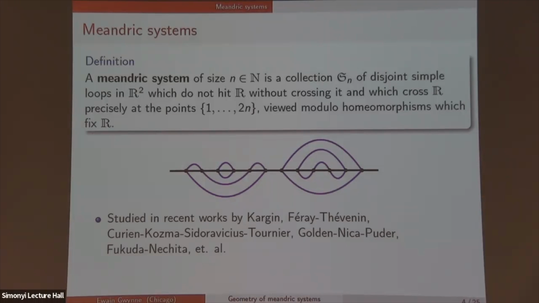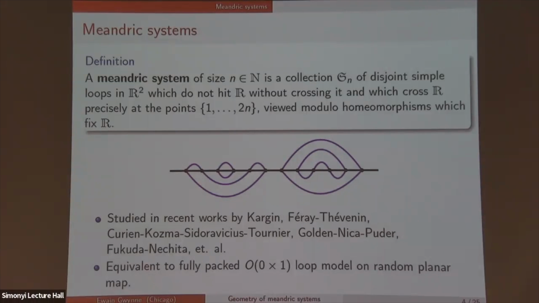There have been a bunch of recent works in probability and combinatorics that looked at these meandric systems by various authors, some of whom I've listed here, and I'll give an overview of what's known in just a second. Meandric systems are also of interest in statistical physics, because a meandric system is equivalent to a certain variant of the O(N) loop model on a planar map.